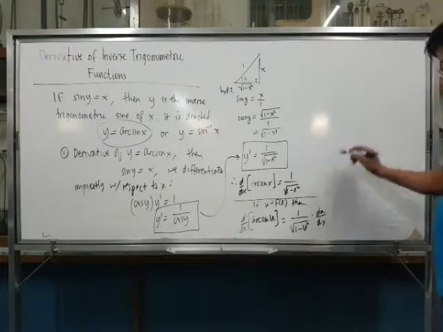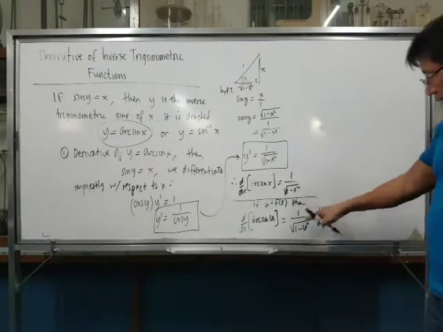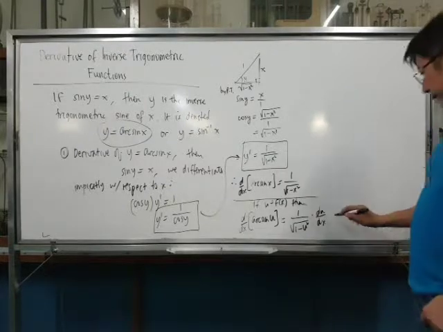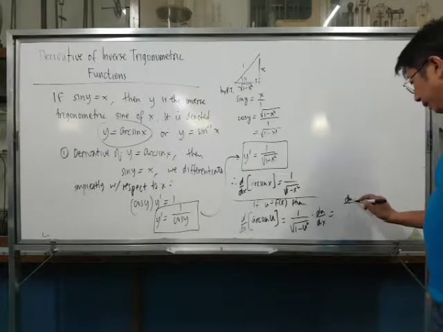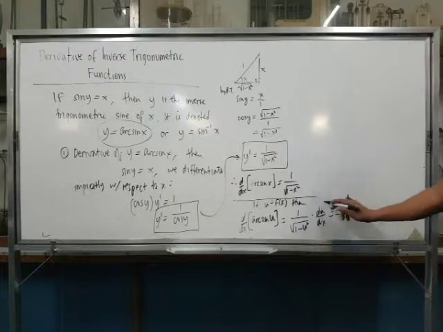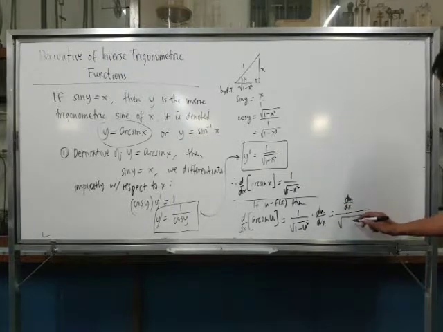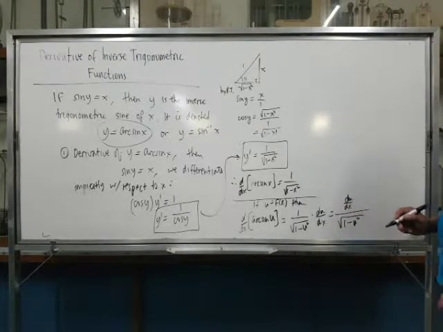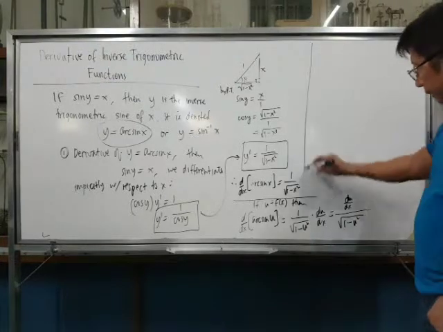You can also write this as du/dx over the square root of 1 minus u squared.